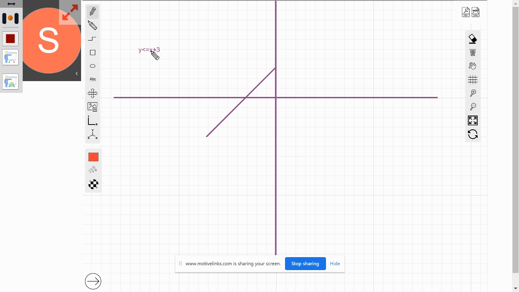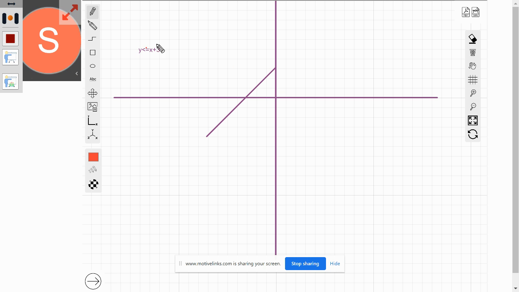Whenever you're graphing an inequality, after you're done graphing this line, you're gonna put y on the left hand side, or LHS, and you're gonna put x, or 2x plus or minus 3 or whatever, on the right hand side, or RHS.